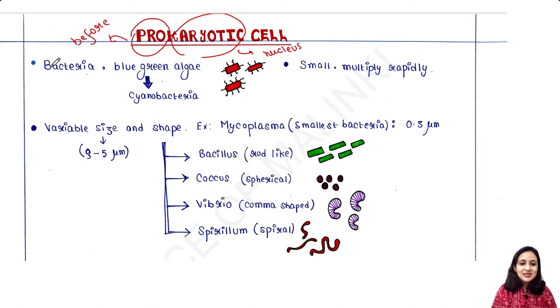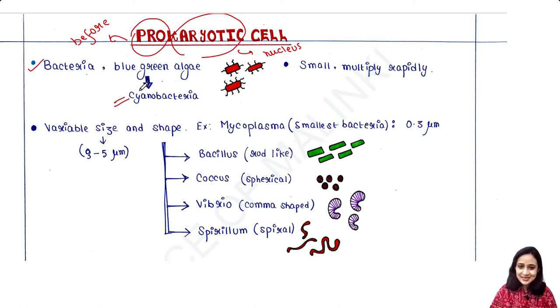Now bacteria and blue-green algae, these two organisms are mainly representing prokaryotic cells. Blue-green algae are also called cyanobacteria. So mainly when we talk about prokaryotic cell, just imagine bacteria or cyanobacteria.